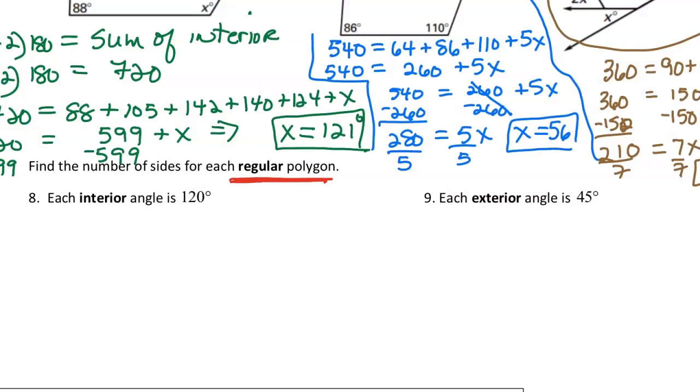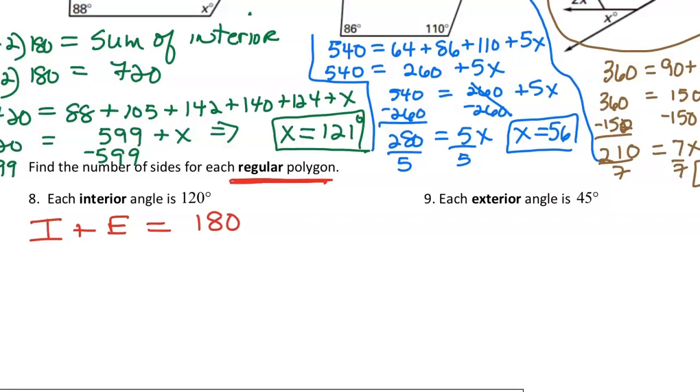Okay, now, I have told you it's infinitely easier to work through exterior angles. So, if they give you the interior is 120, you have to remember that interior plus exterior equals 180. Okay, they are supplementary. So if I know that my interior angle is 120, then 120 plus E equals 180.